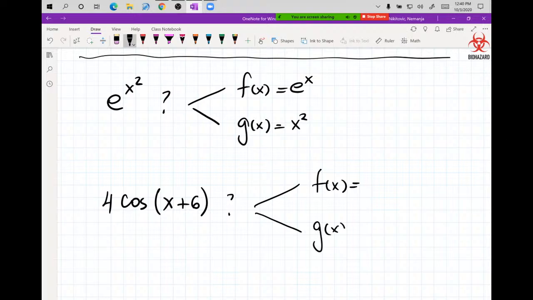Yeah, f in terms of x is cosine, and then, oh, sorry, yeah, x plus 6. Okay, I heard x plus 6 over here. What do I put here? Yeah, cosine. 4 cosine x. Aha. I don't know why I stopped at f of x. Brain fart. So it will always be f of x over here and g of x on the bottom. Okay, that's fine.